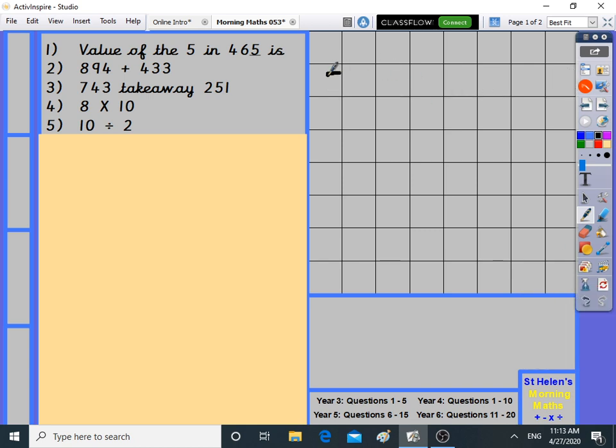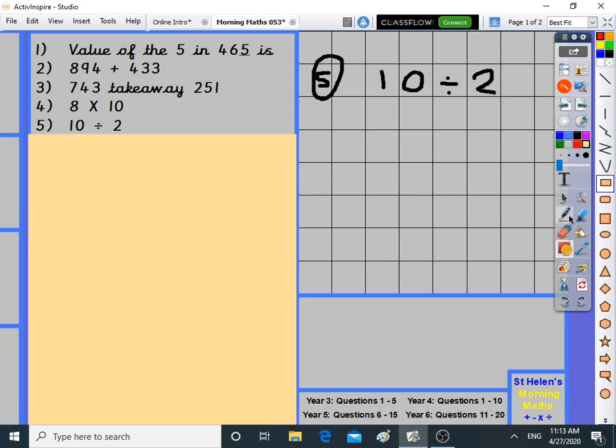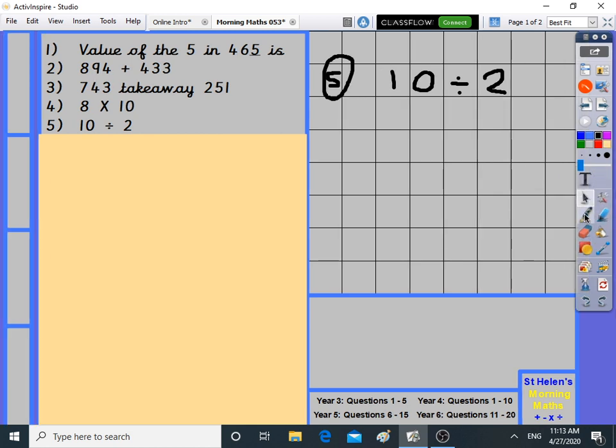This is 10 divided by 2. Dividing is sharing. So it's like you've got 10 sweets, and you're sharing them between 2 people. Just get my sweets, purple sweets.